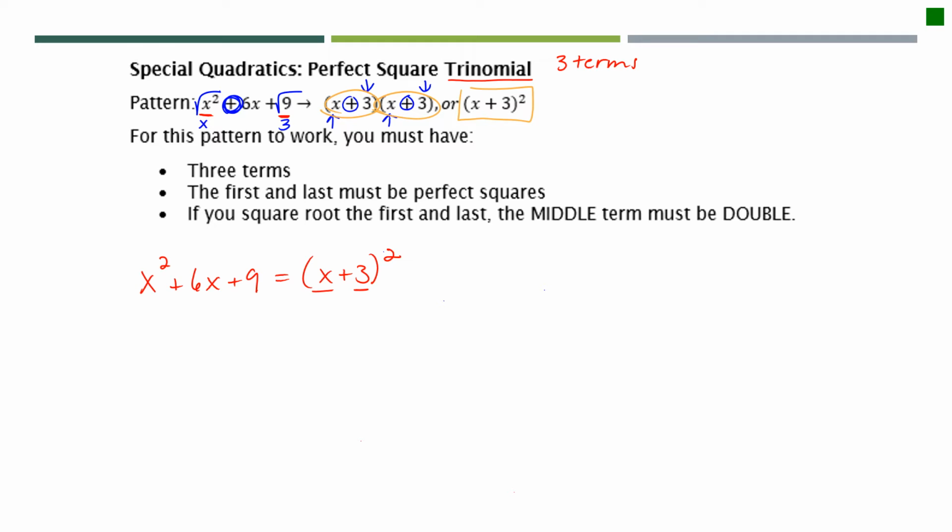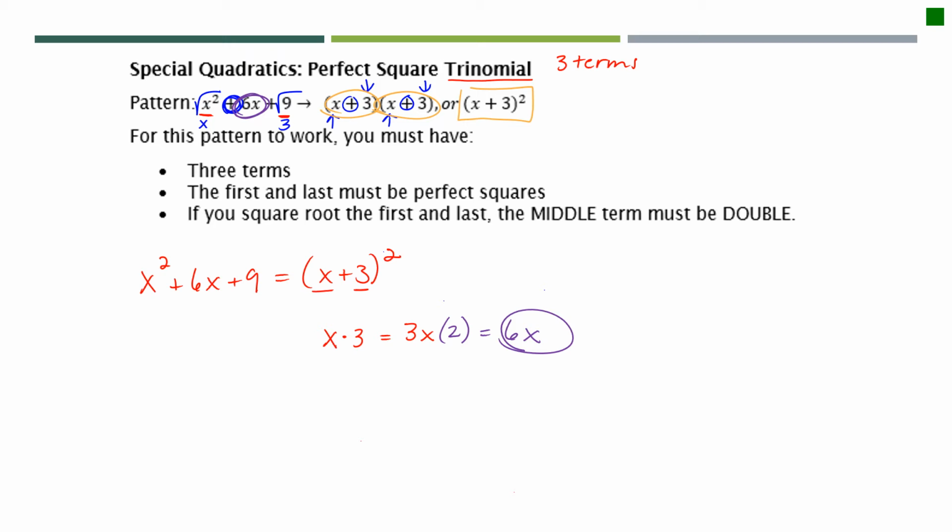So that's the square root of the first and the last number, but we already did that part, and I multiply them together, x times 3, usually we write it as 3x, and then if I take that number and I double it, so I'm going to multiply this by 2, I would get 6x.